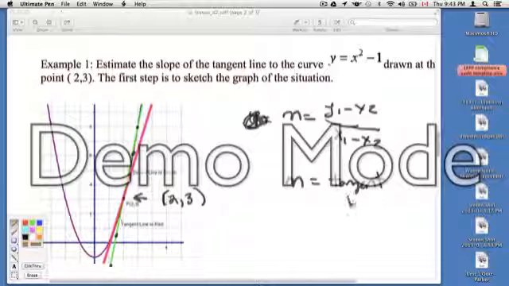And if we use limits and we get it so close that it essentially becomes 1 point, what we actually do is we find the derivative. And what's the derivative again, Adam? The slope of the tangent line. So keep that in mind, and we are going to go through and do this estimate.